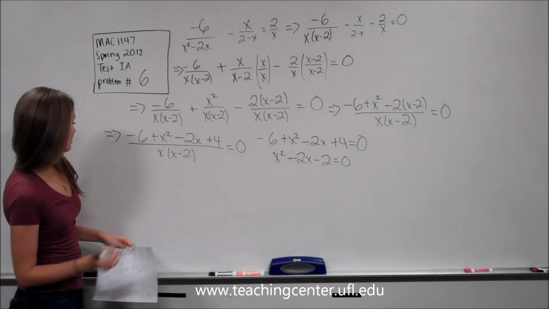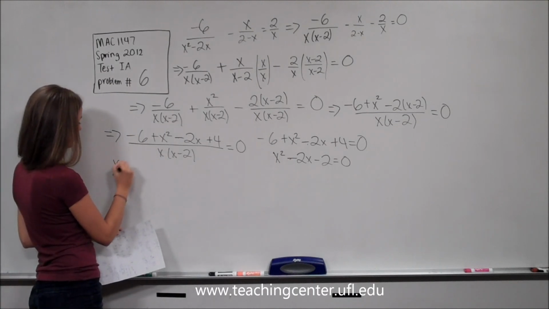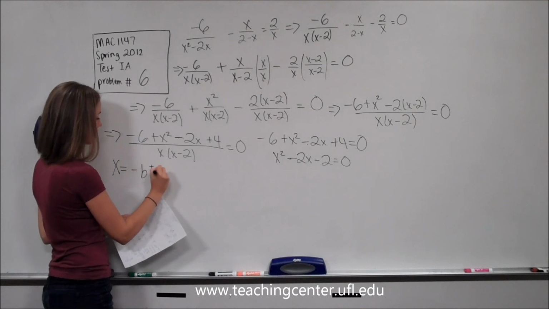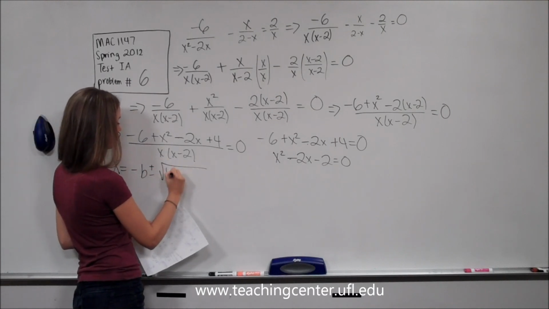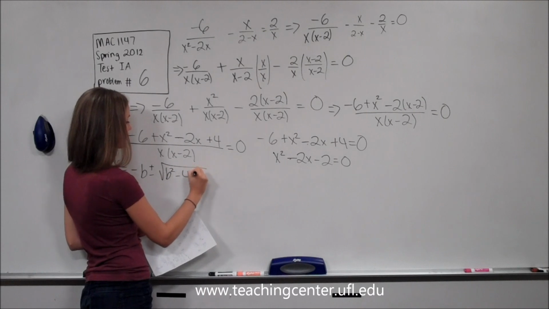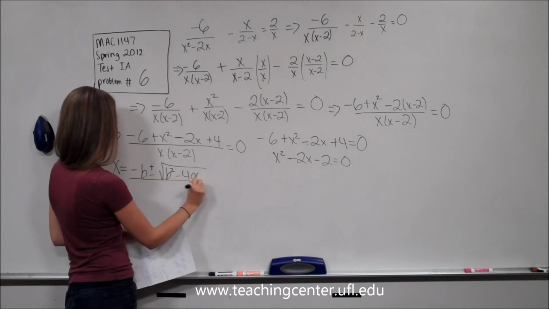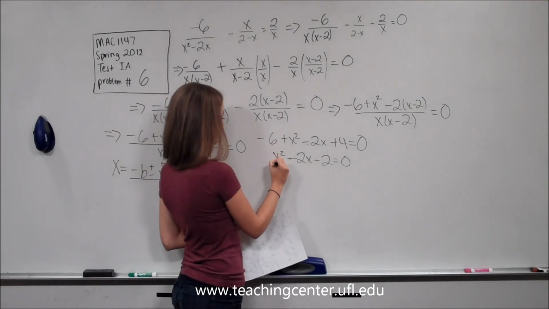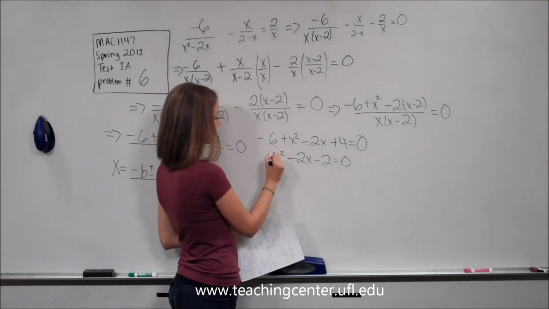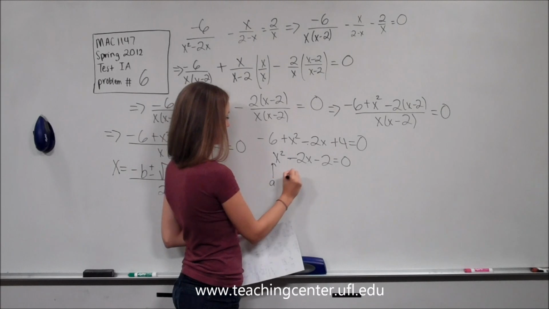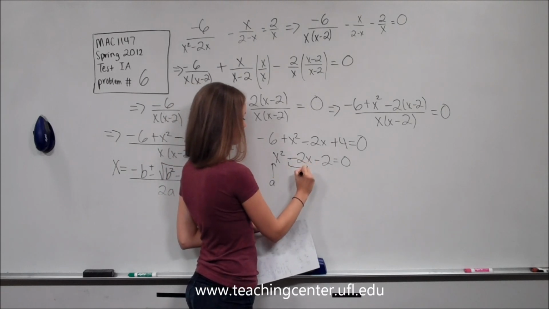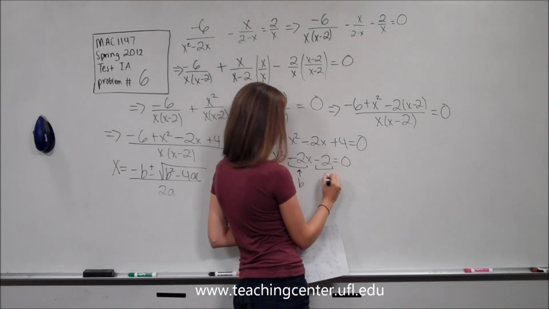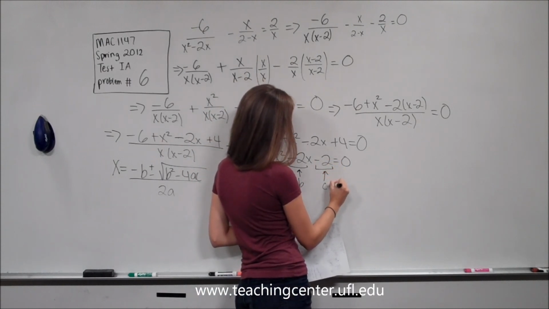So our quadratic formula is x equals -b plus or minus the square root of b squared minus 4ac, all over 2a. And that is when the coefficient of our x squared term is a, and then this negative 2 here is our b term, and this negative 2 is our c term.